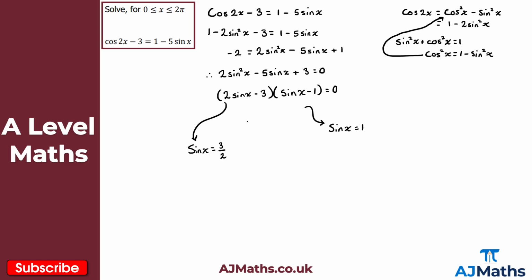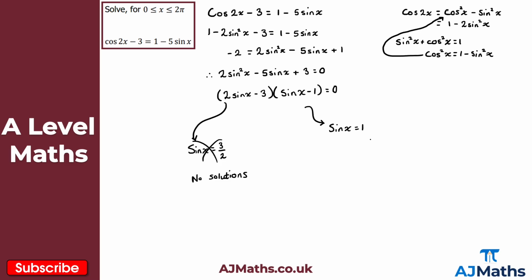So what we need to do now is solve these two individual equations here. If I go to solve this first equation here, well, we take sine inverse of both sides. So I get x equal to sine inverse of 3 over 2. However, if you go to put that into your calculator here, you'll notice that you get an error. Okay, so we can't find the value of x such that sine x equals 3 over 2. So therefore, we just say that there are no solutions here for this first equation, or we can just cross it out here like so.